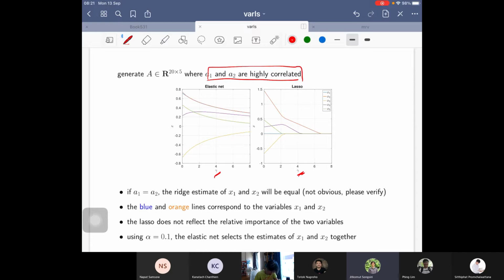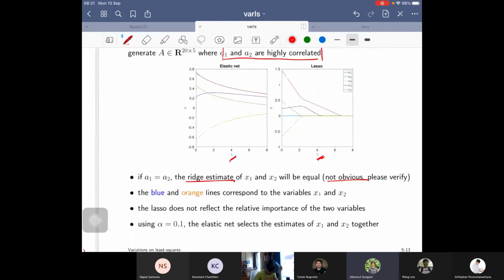As I said before, if A1 and A2 are highly correlated, the corresponding parameters X1 and X2 will be equal. This is not obvious, but you can show it in the ridge estimate.